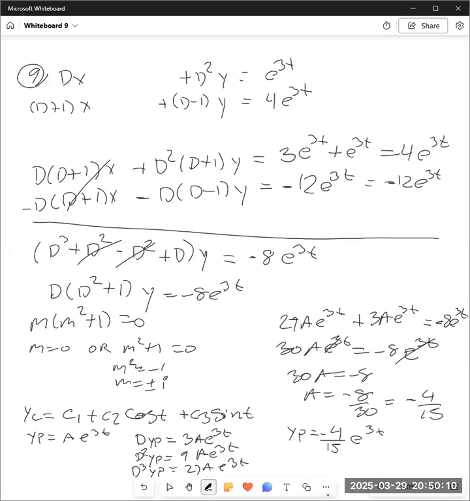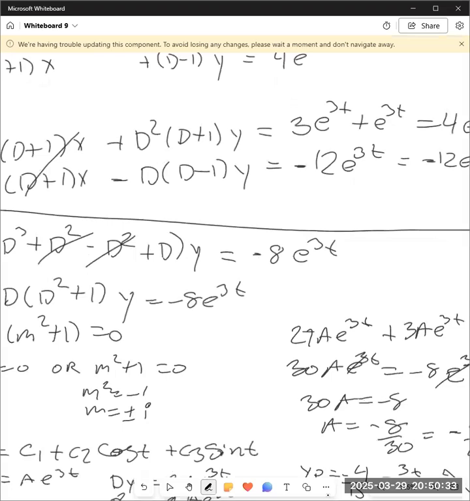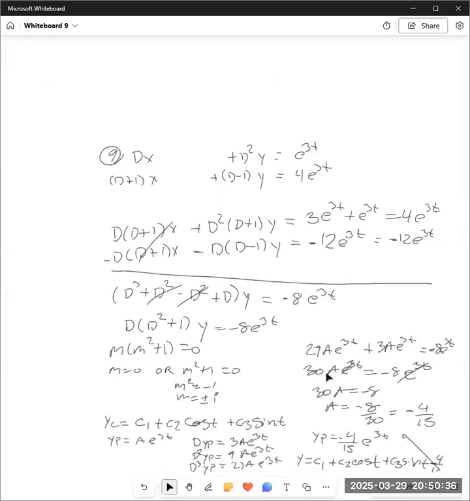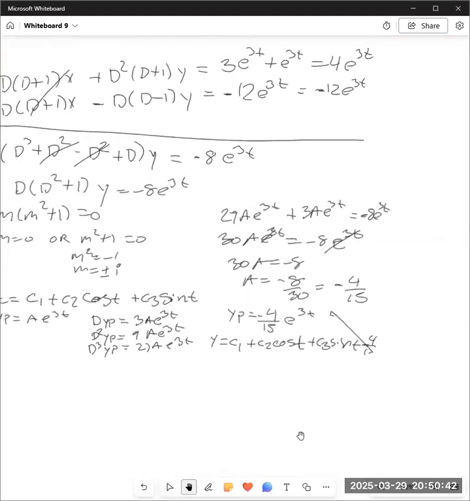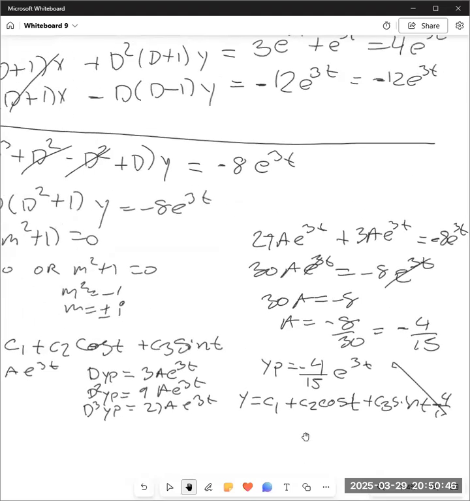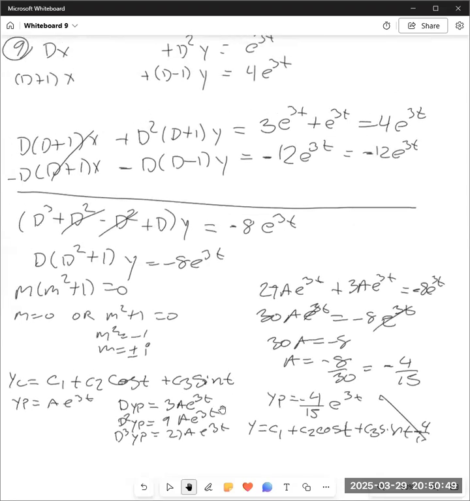And my y total is c1 plus c2 cosine of t plus c3 sine of t minus 4 over 15 e to the 3t.